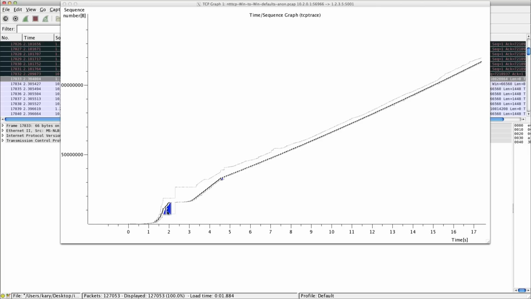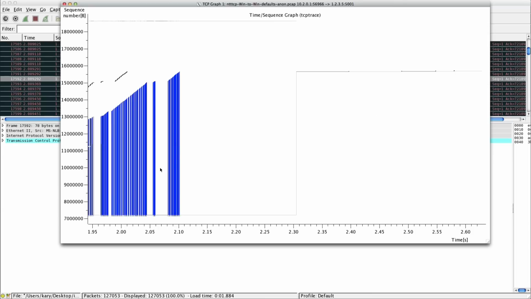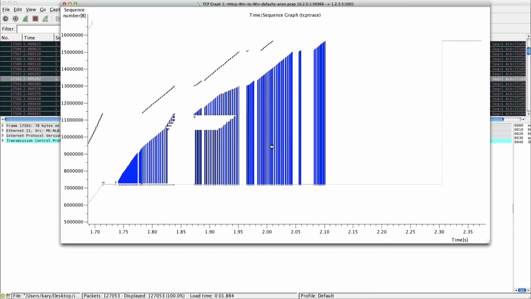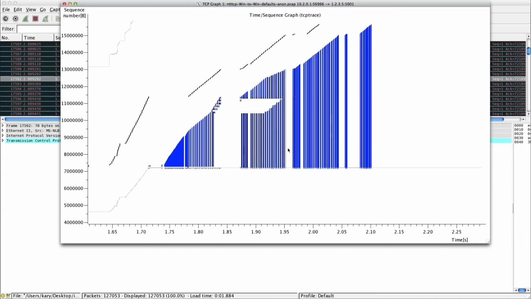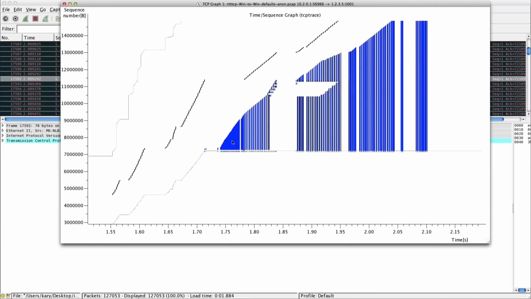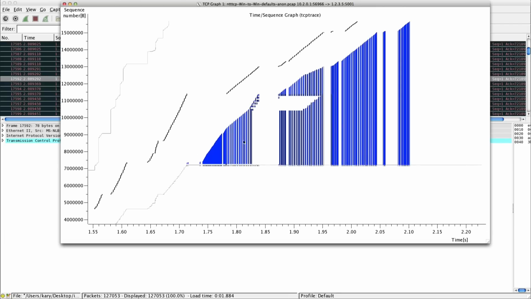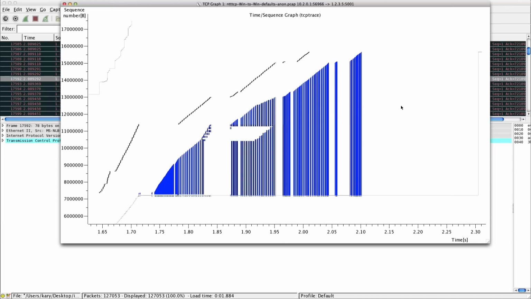We're hitting congestion because these big blue lines represent selective acknowledgement blocks. So what that means is, we've lost some data, and TCP is saying, I lost some data, but I still have some data. We'll go over data loss and recovery another time, but this is data loss, and we're having to eventually recover it.